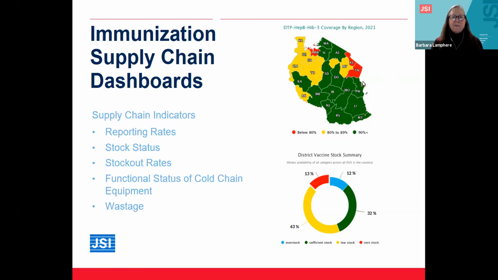If you remember from the VLIMS system that we looked at last time, these are two graphics from those systems that help look at the status of vaccine coverage. And this is the district vaccine stock summary to show the stock status of the various vaccines.